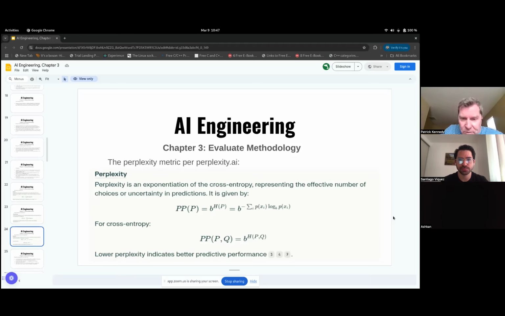So right here you've got B to the power H(P), and specifically that is equivalent to the following equation. You're going to be summing up P(x) multiplied by the log of P(x) going into that logarithm. That's the first type of perplexity, which is based on entropy.